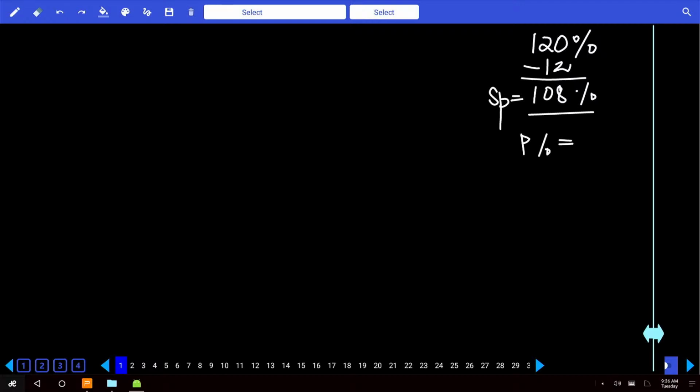Now, go back to the question. At the time of selling, he uses 900 grams instead of 1 kg. That is a major condition we want. He is giving only 900 grams. Keep it aside. Continue.